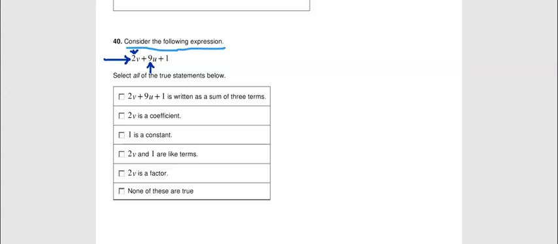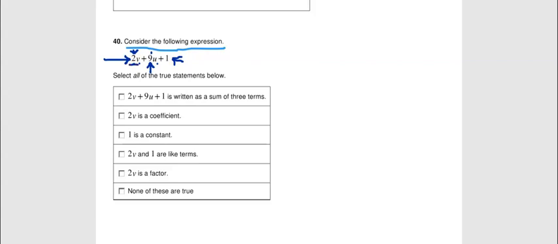Okay, so 2v together would be called a term, 9u together would be called a term, and 1 would be called a term. But 1 would also be called a constant. Anytime you have a number by itself that does not have any variable with it would be a constant. The 2 and the 9 are coefficients. Obviously, the v and the u are variables, and the 1 is called a constant. If that was a 14, that would be the constant. If it was 25, that would be the constant.